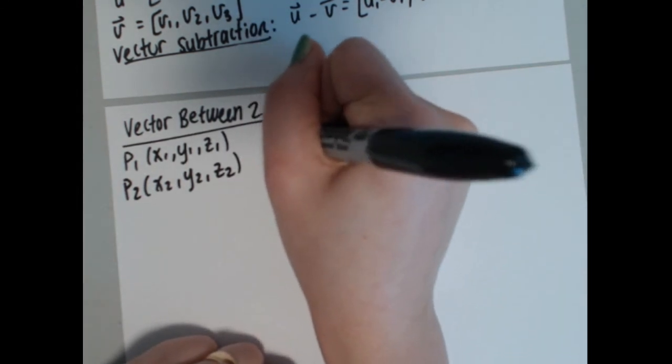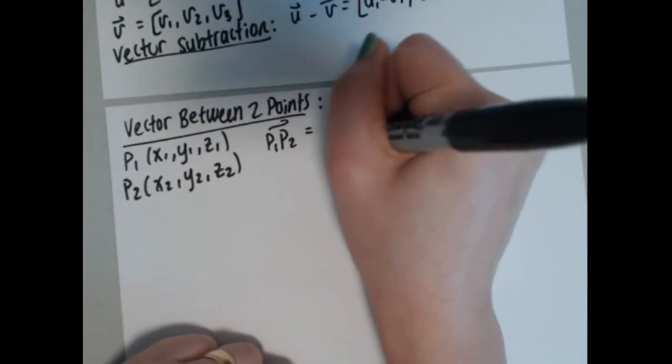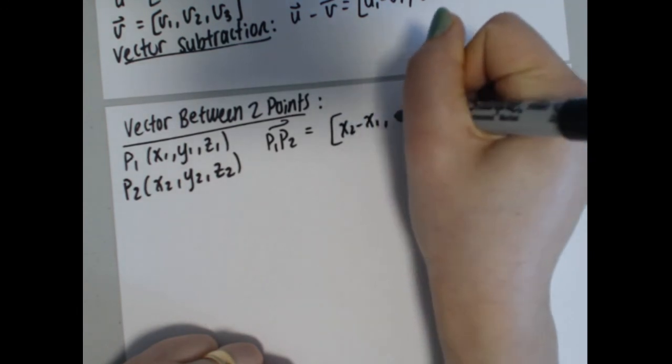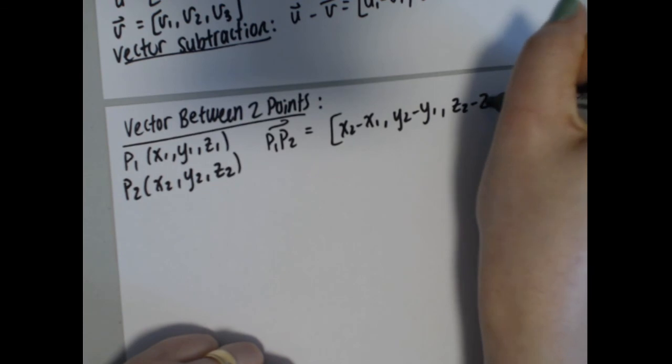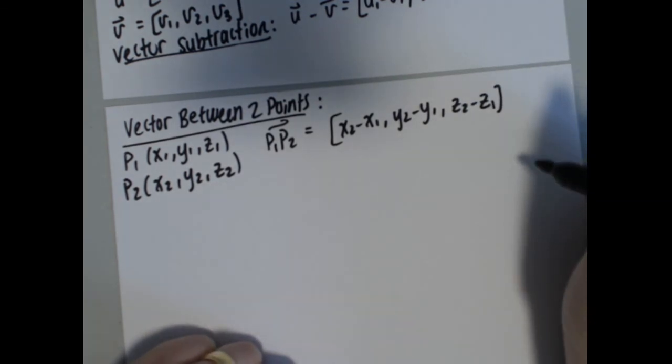Well, the vector going from point P1 to P2 is going to be x2 minus x1, y2 minus y1, z2 minus z1, and that's it.